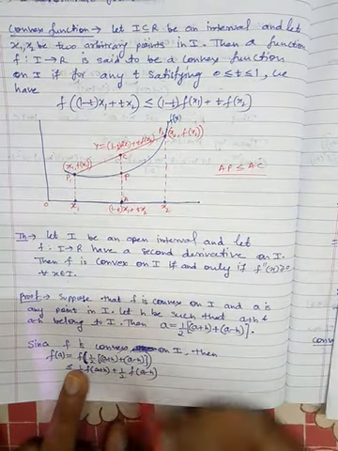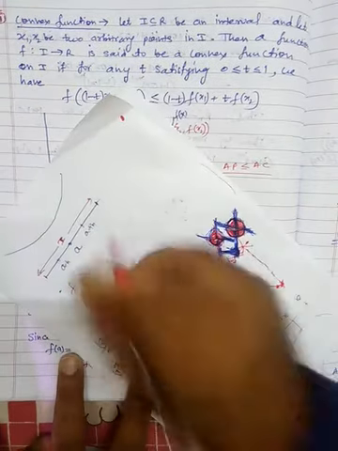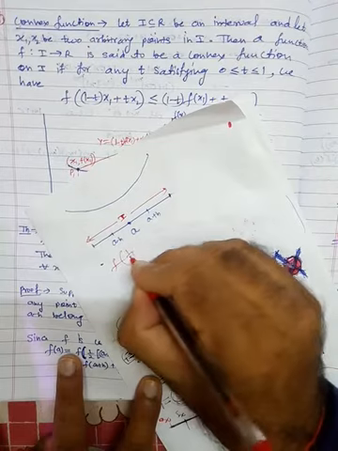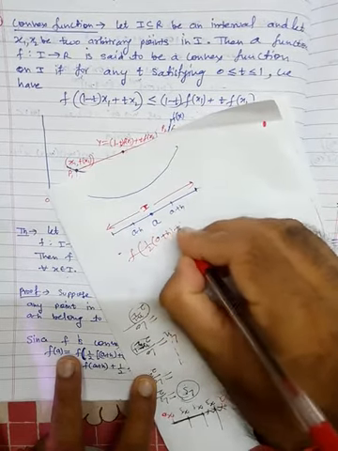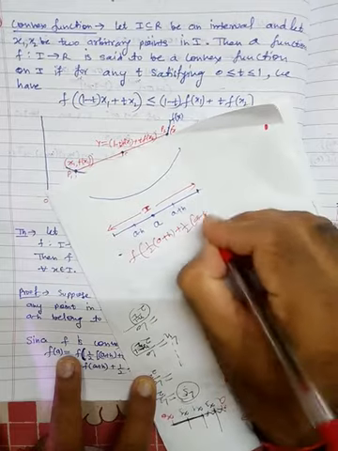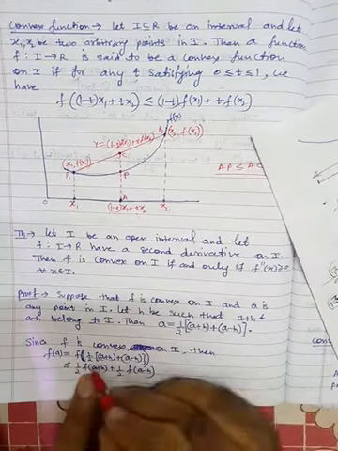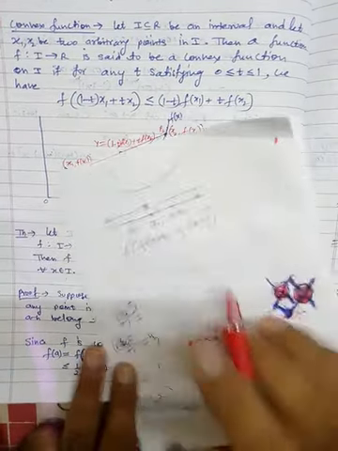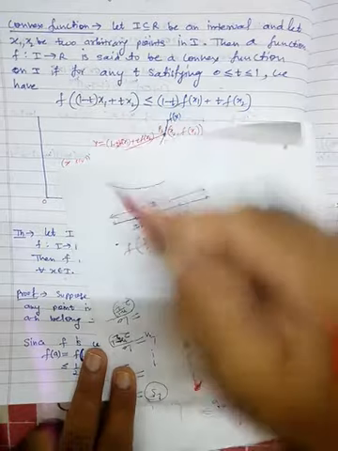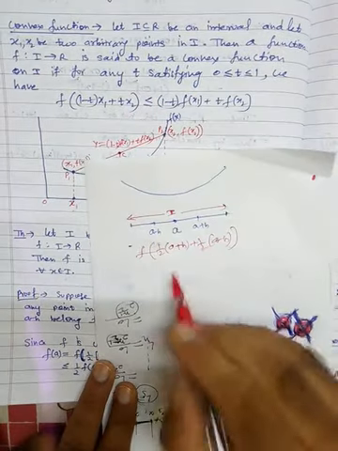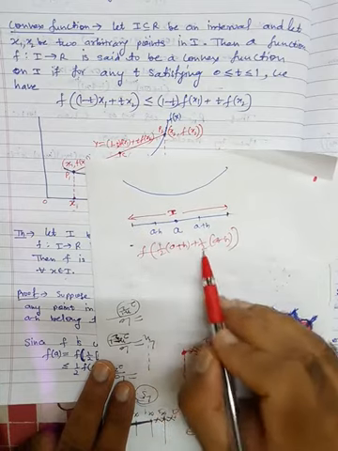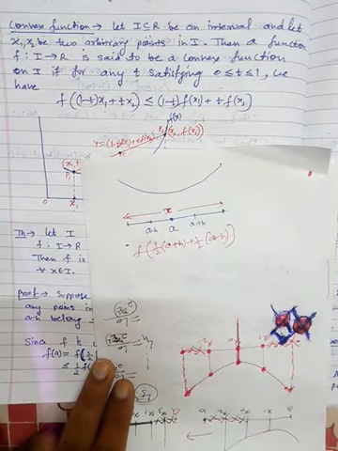Okay, so this can be rewritten as f of 1 by 2 (a plus h) plus 1 by 2 (a minus h). We can write this as this. So in place of 1 minus t we have half, in place of t we have half, and now you can see that t varies between 0 and half.